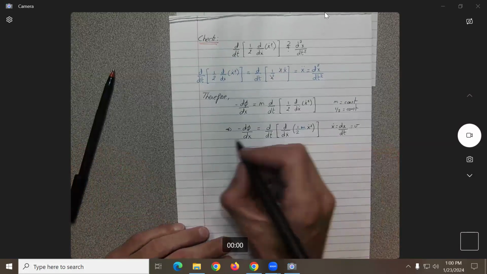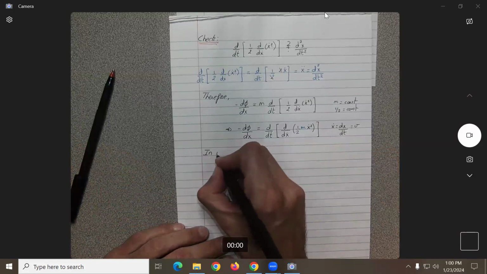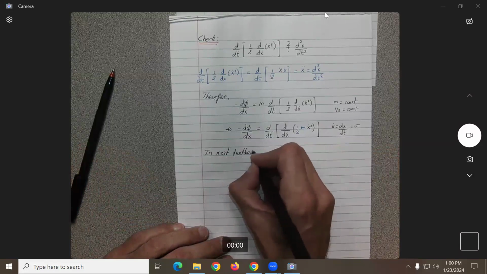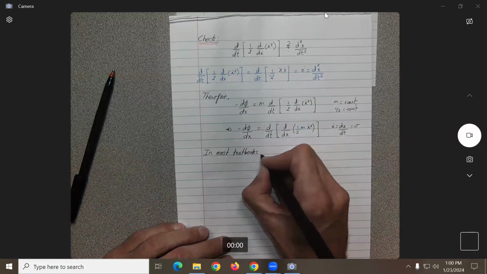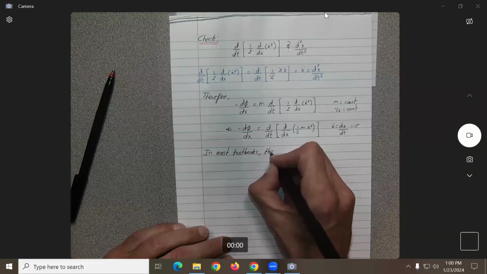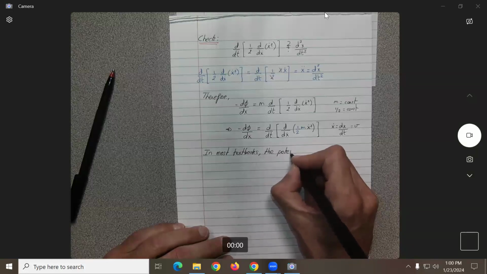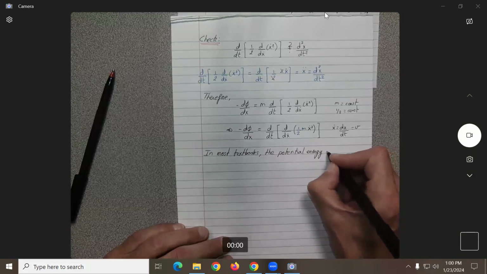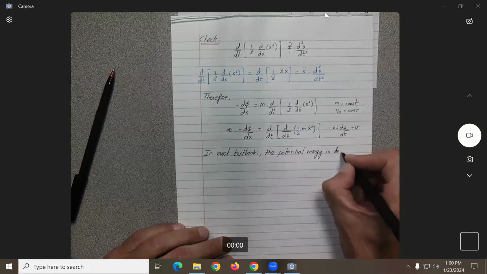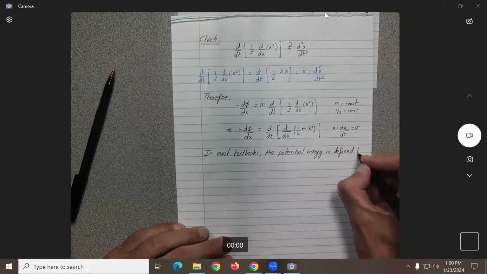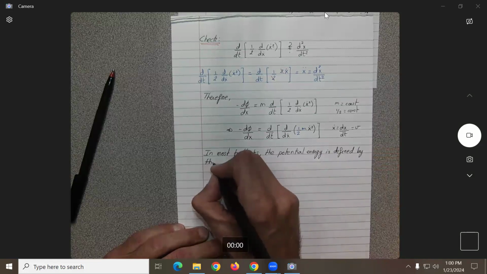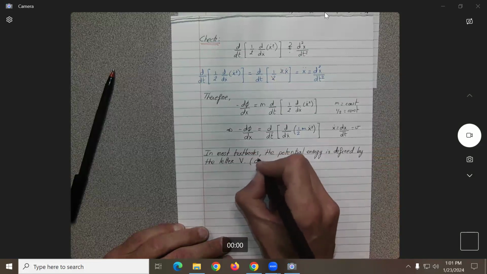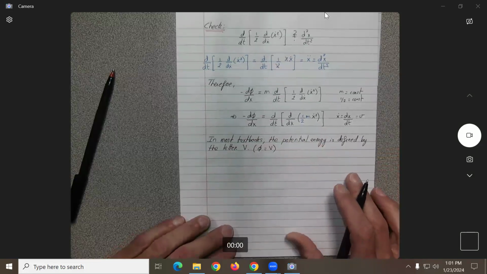Okay, and I'm just going to put over here, in most textbooks, I don't want to change the textbooks, the potential energy is defined by the letter V.